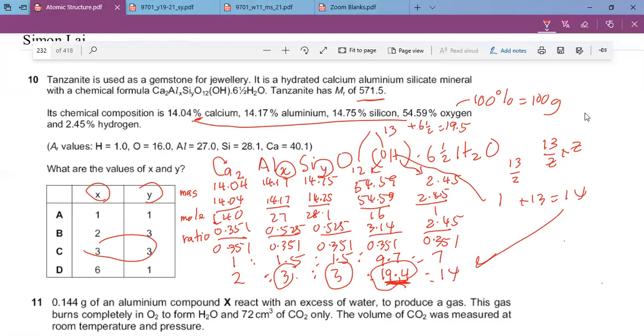Okay, I don't know why it's wrong. It's too hot, I know. Let's try it.